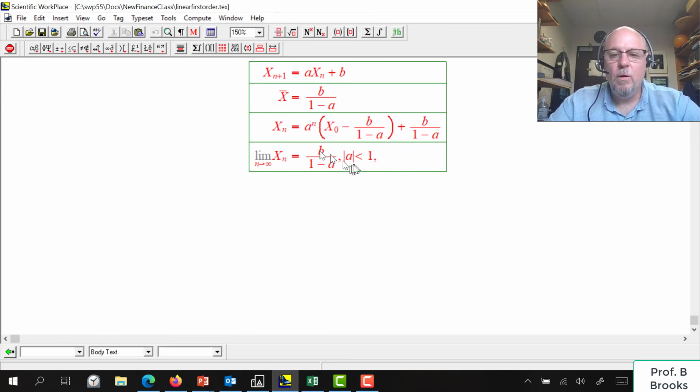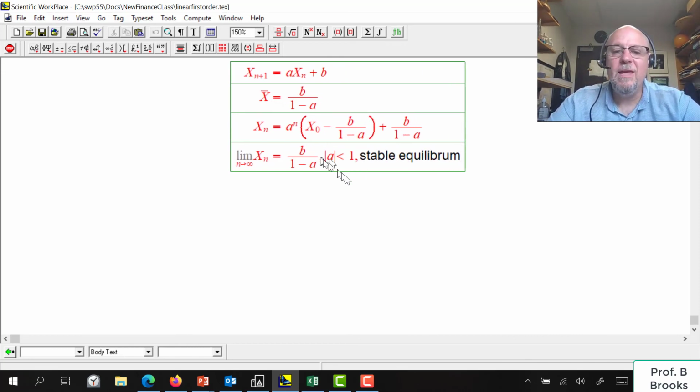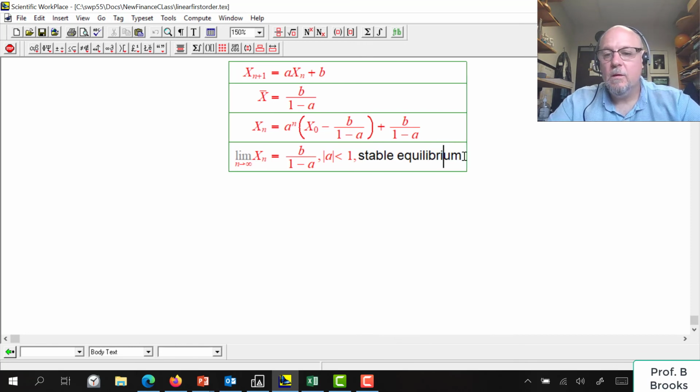Our equilibrium is stable if a is a fraction. It could be a negative fraction. A negative a maybe doesn't make sense in a financial example, but just in general, in the math, it makes sense. And otherwise, it's an unstable equilibrium.